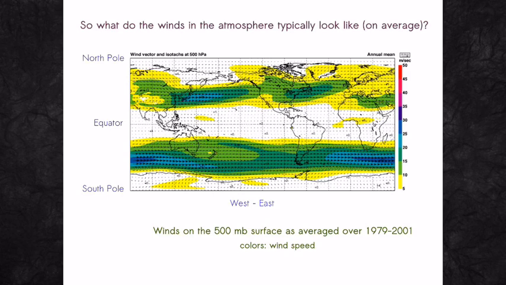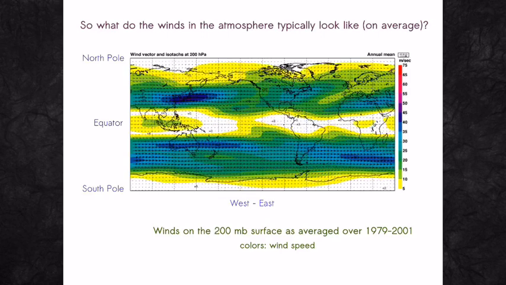Okay, so that's what it looks like at 500 millibars, which is mid-troposphere. Let's suppose we go up to the upper troposphere now. So remember, upper troposphere, good pressure for that is something like 200 millibars. So it's the same kind of thing, same kind of map. East-west here on the bottom, north-south on the vertical axis with the equator in the middle.